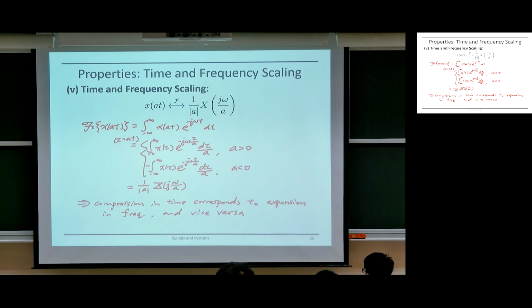Now, consequently, if you choose a equal to -1, then this corresponds to a time reversal. So consequently, with a equal to -1, you show that a time reversal has a Fourier transform that is equal to the frequency reversal of the spectrum.